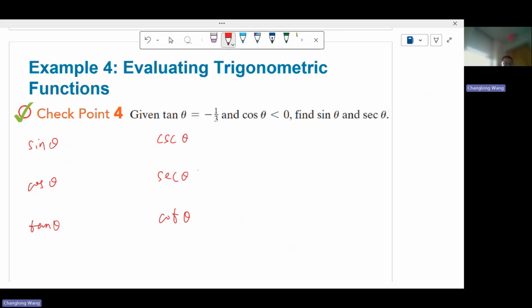All right, so before I go over it, anyone have any thoughts like what we could do? Go ahead, Quinn. Which means either negative. But you also know that, for sine you would need opposite over adjacent.